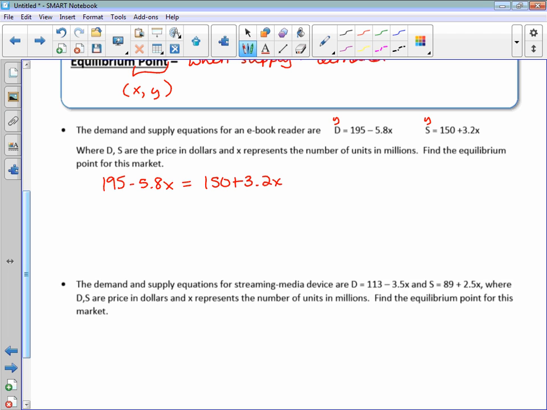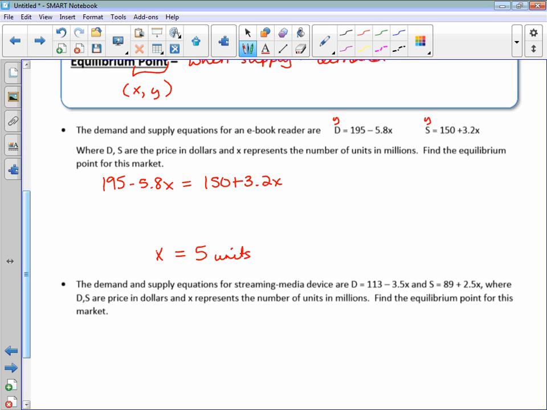You guys solve it, tell me what you get for x. Yep, perfect. X equals 5 units.